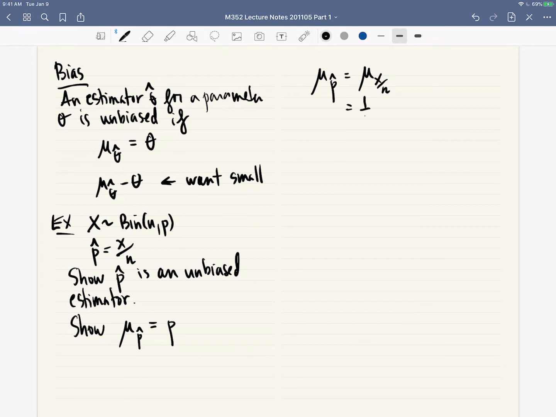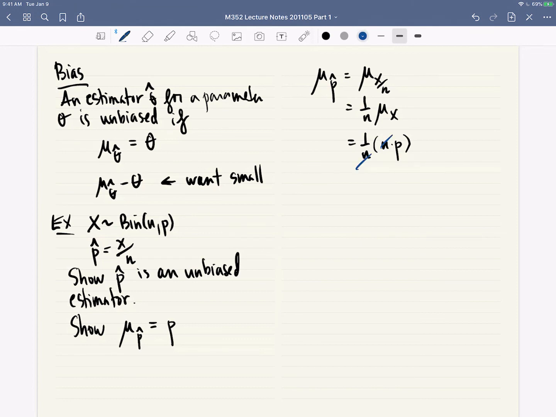And we've shown that the mean of a multiple of a random variable is that multiple of the mean of the random variable. We also know that the mean of a binomial distribution with parameters n and p is n times p.